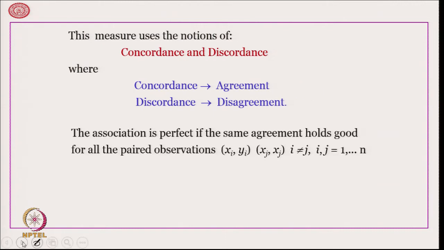It means that the association is perfect for the ith and jth data point, namely xi yi and xj yj, for all paired observations when i is not equal to j and i, j equal to 1 to n.